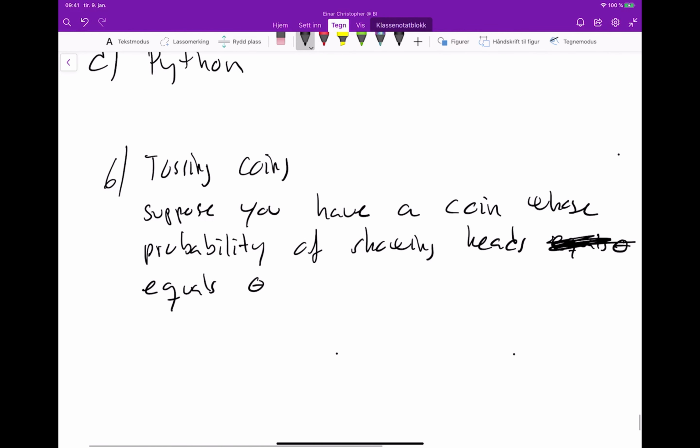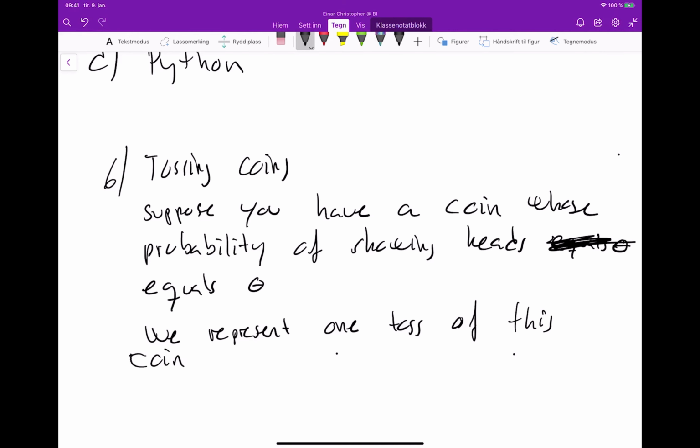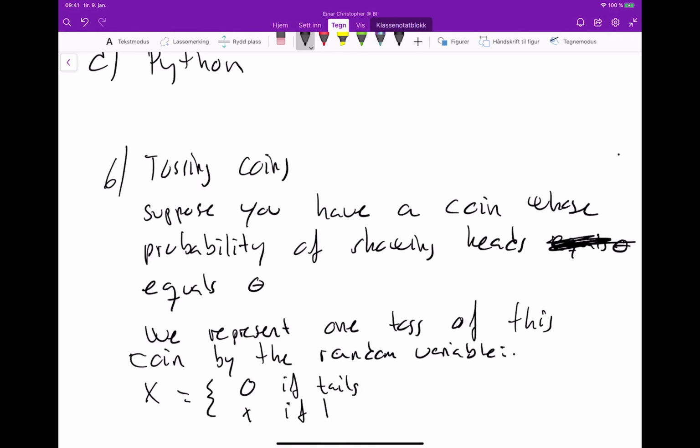Okay? We represent one toss of this coin by the random variable X, equal to 0 if tails and 1 if heads.